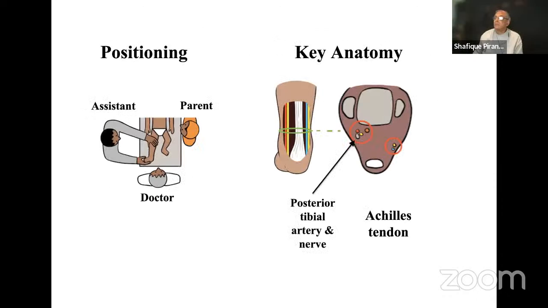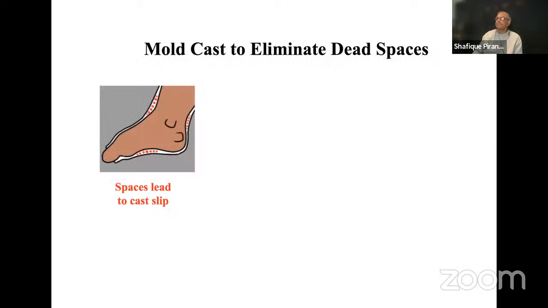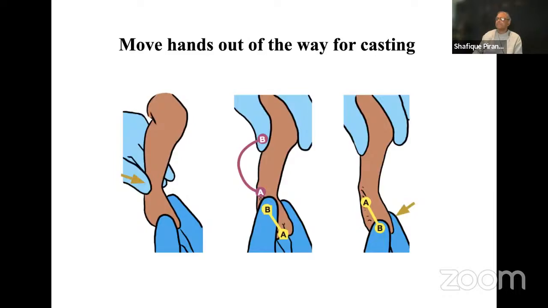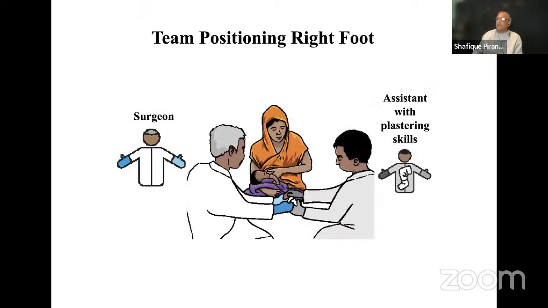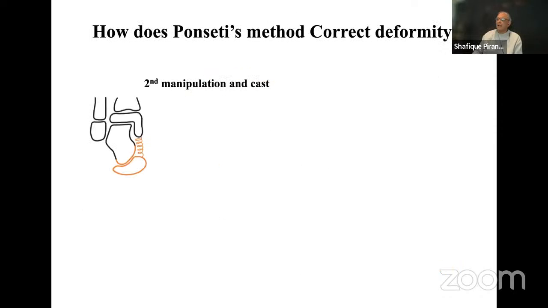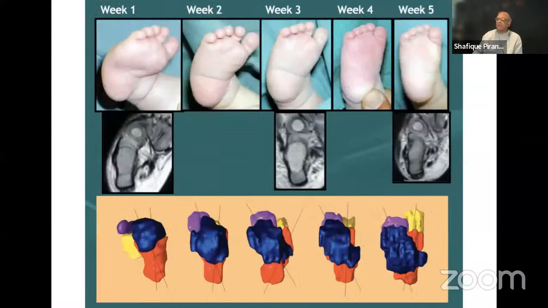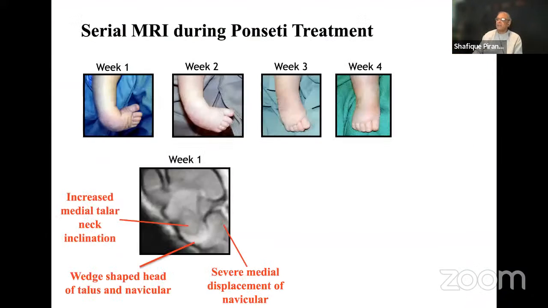So let's go back and look at the pathology. The answer to that question depends on a clear understanding of the pathology. I want to go back to Dr. Ponseti's diagram.